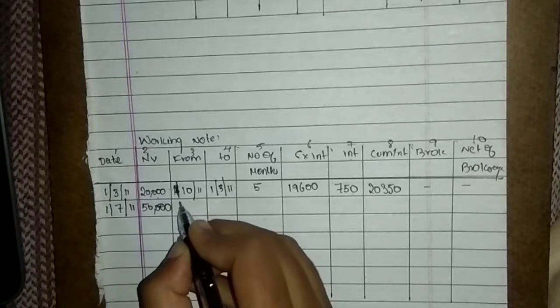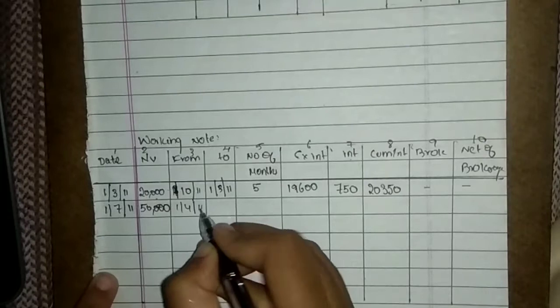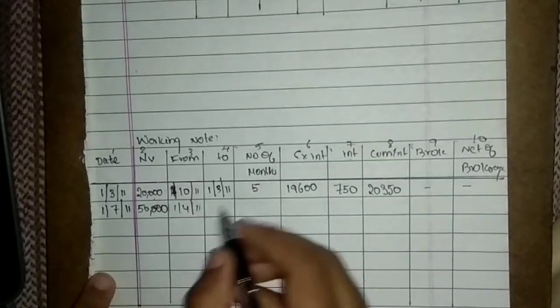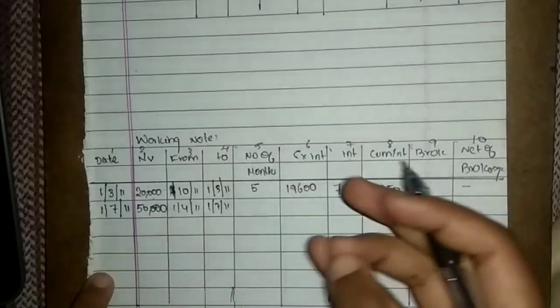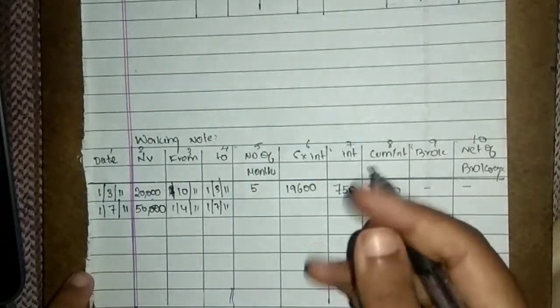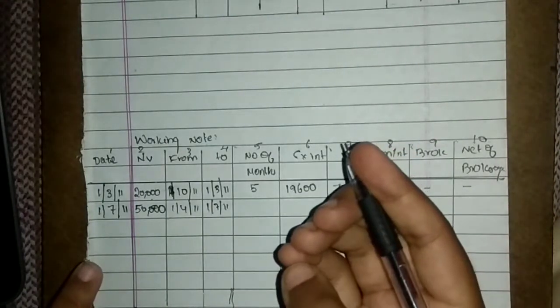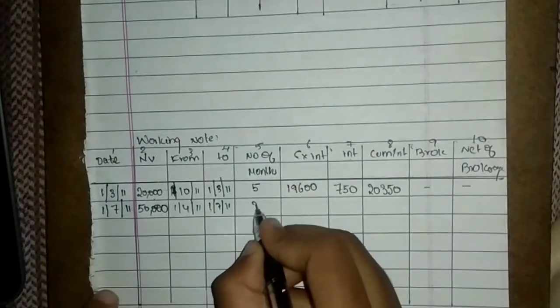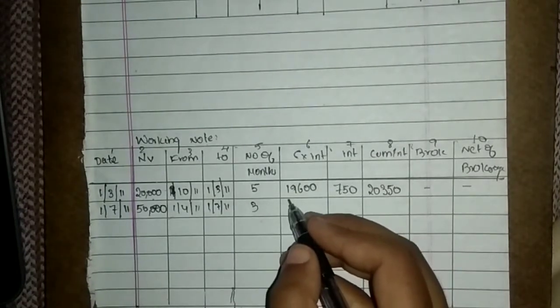This is 31st March now. So 31st March or 1/4 is none of the same. Everything is same. Next, for 1/7/11, how many months? April, May, June, July. July is not counted because you have sold it on the first date only. So 3 months. Then on what price did you sell it?